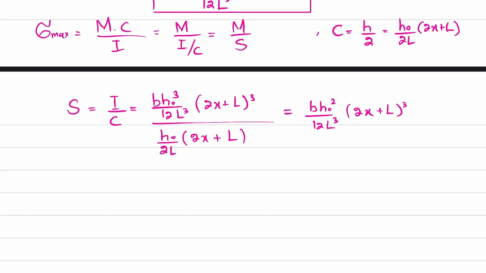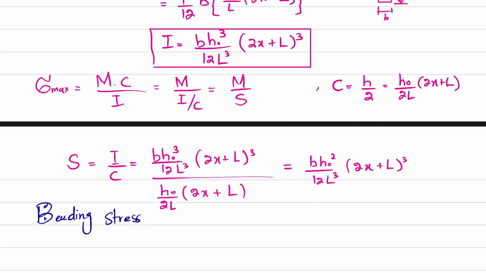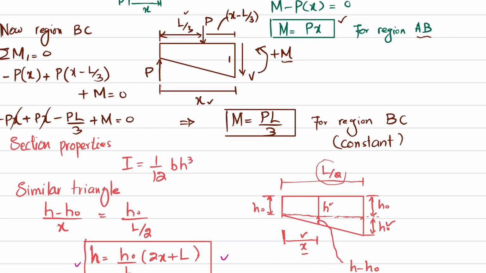Now we'll move toward bending stress. So I will write bending stress. Again, bending stress is related to the bending moment. So you can see for region BC, the bending moment is constant. The beam size at this stage is also larger.